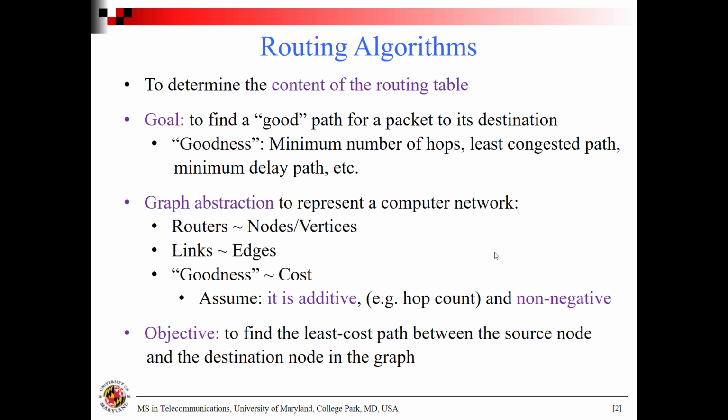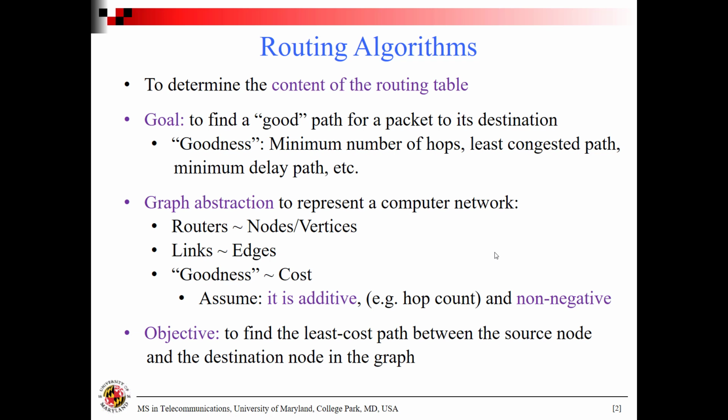Or maybe we would like to find a path that is not as heavily congested as some alternative paths. Or we would like to find a path which would deliver the packet fastest, providing the smallest possible delay, and so on and so forth.